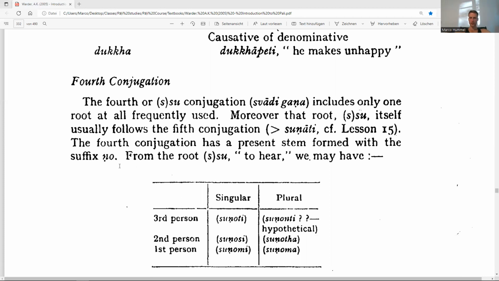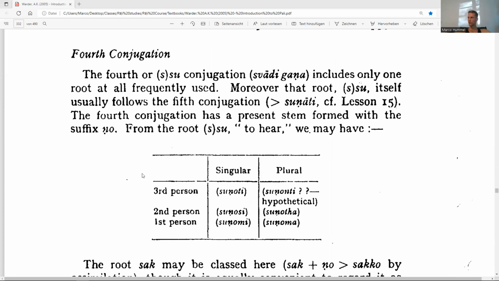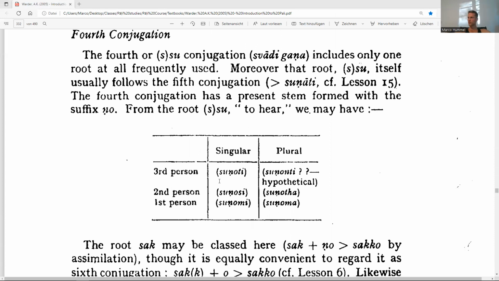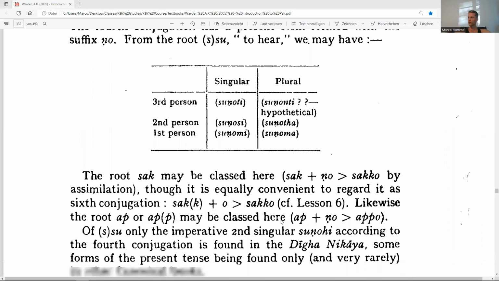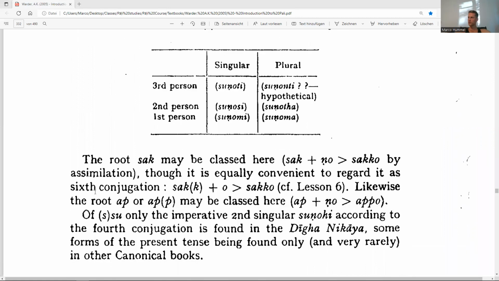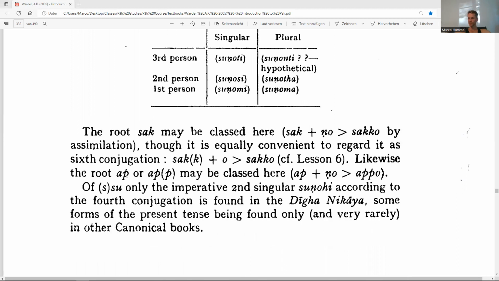The personal endings are the same as for the Bhuvadigana, the first verb class. So we have sunoti, sunosi, sunomi, sunonti, sunota, sunoma. The root sak may be classed as sak, sakno, sakko by assimilation, though it is usually convenient to regard it as sixth class. So sakkoti, to be able to.